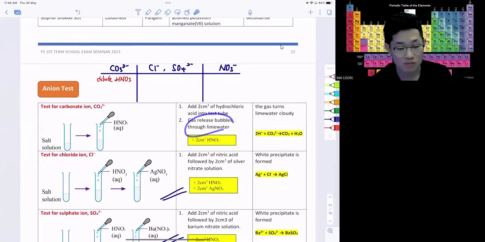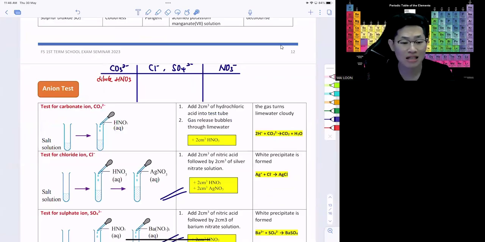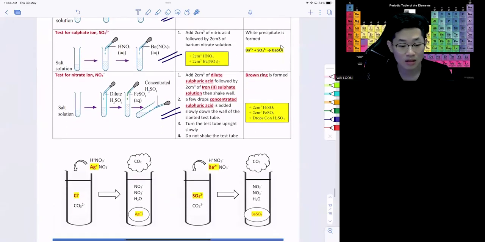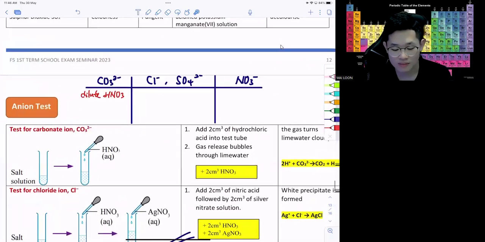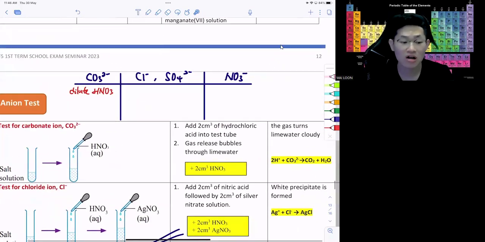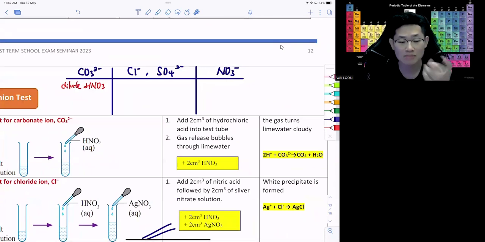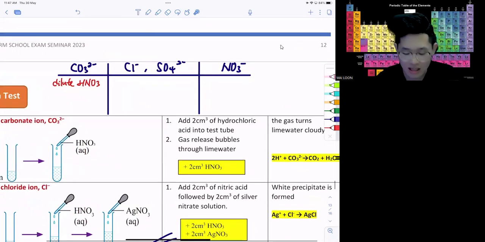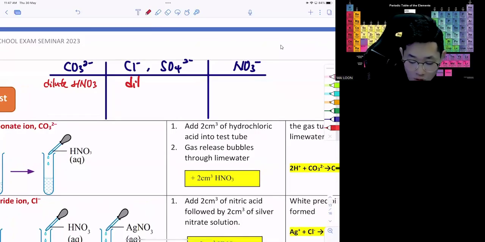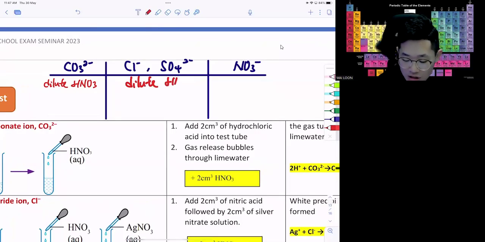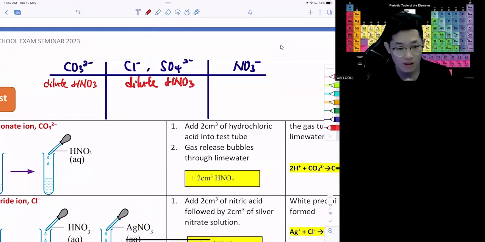And the bubble is actually carbon dioxide gas. Okay, do you have the picture here? No. Okay, if you add acid into a solution that contains carbonate, it produces carbon dioxide gas bubbles. Okay, then next, for chloride and sulfate, we also add dilute nitric acid for both.